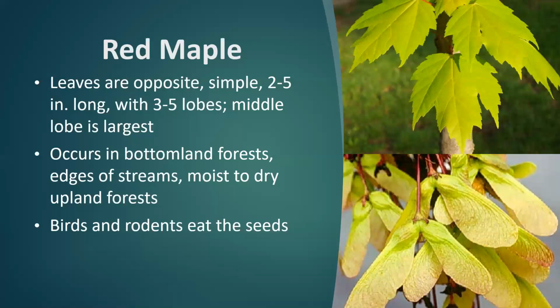Red maples are readily consumed by different rodents and birds. And these seeds are actually called a samara. We've all thrown them, and they have this cool dispersal effect, the helicopter as it floats down, so it can help disperse those seeds a little bit. But one thing that people don't realize is rabbits and deer will readily consume red maple.